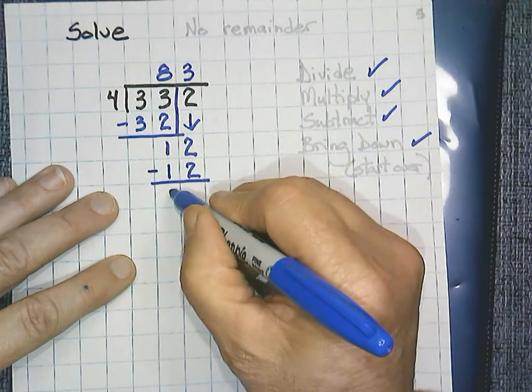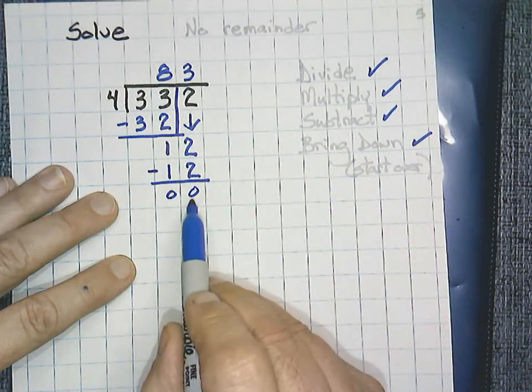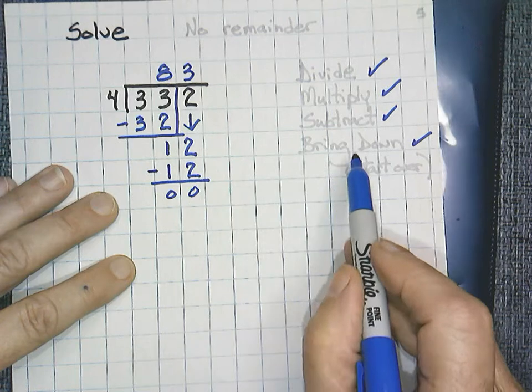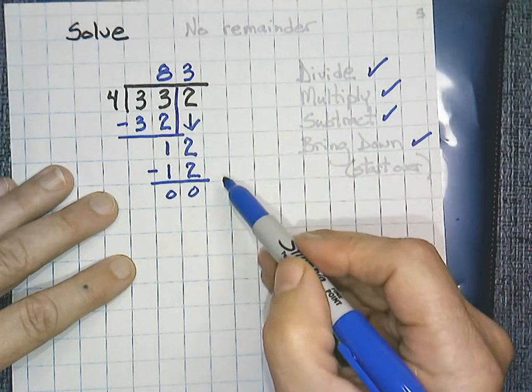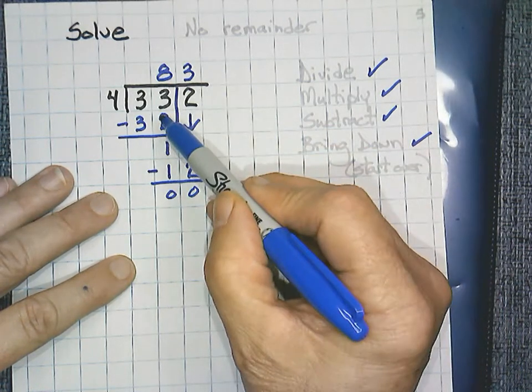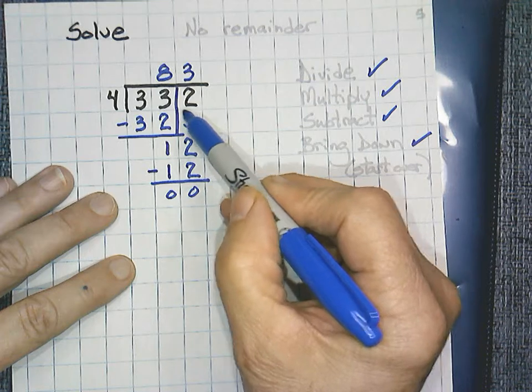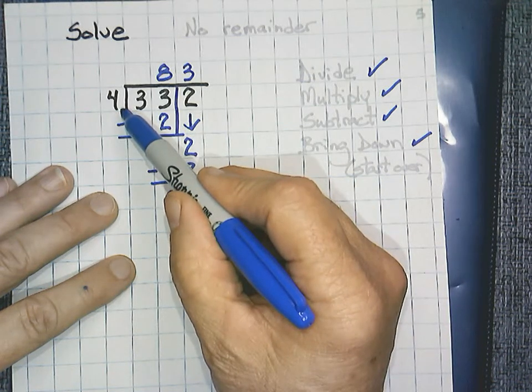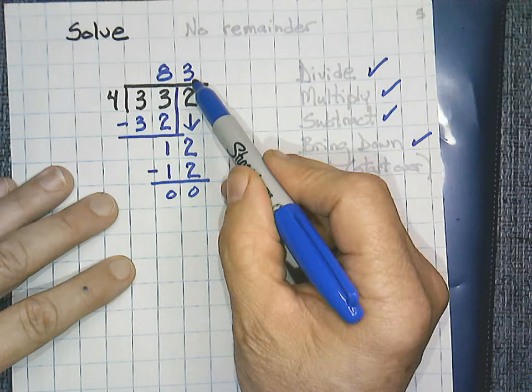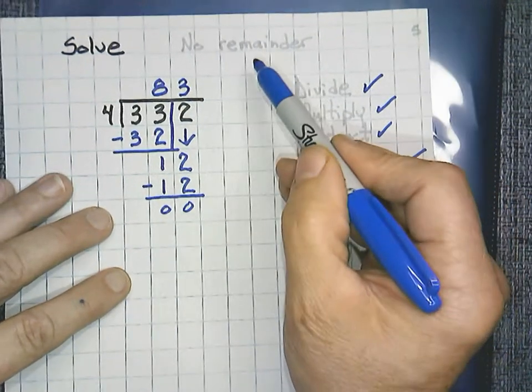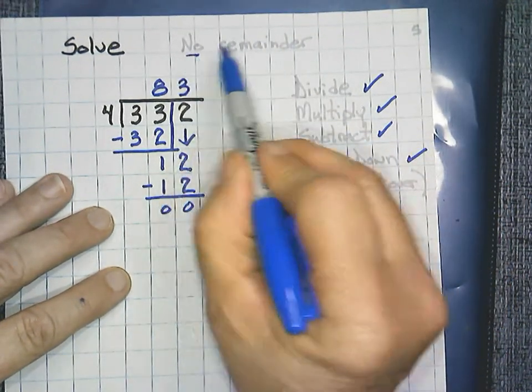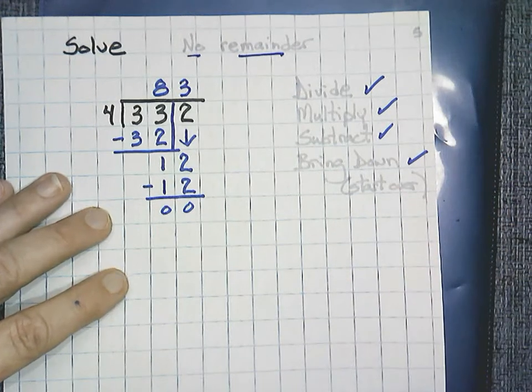I can prove that by subtracting. Notice that we have no remainder, and there are no other numbers to bring down. So 332 divided by 4 is equal to a quotient of 83. So that's an example of a problem that has no remainder.